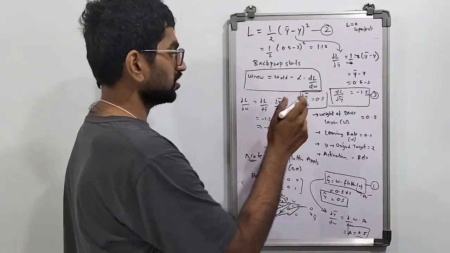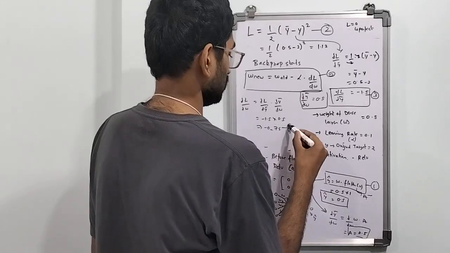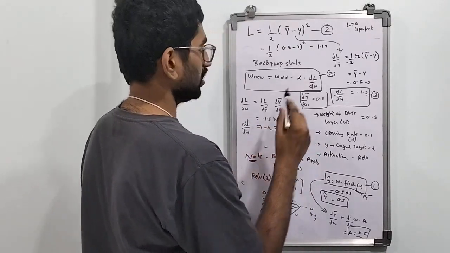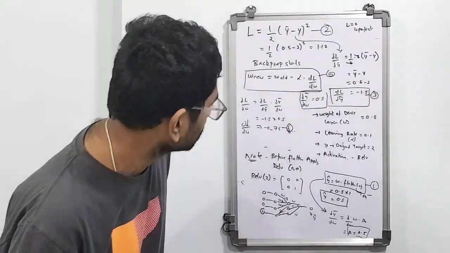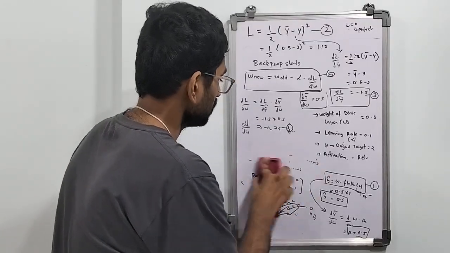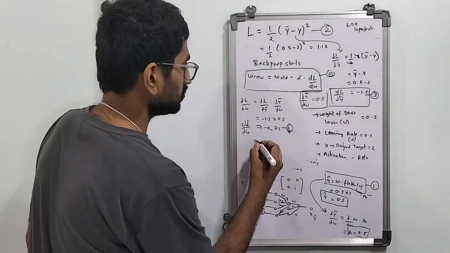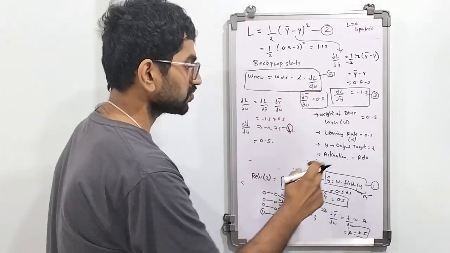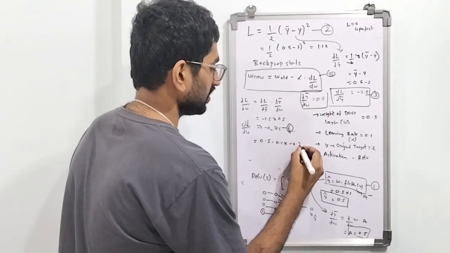Now here I will write this as the fifth equation, and this I will write as 6. Substitute the value of equation 6 in equation number 5, with learning rate as 0.1. The old value you have is 0.5, minus alpha, which is 0.1, into minus 0.75.